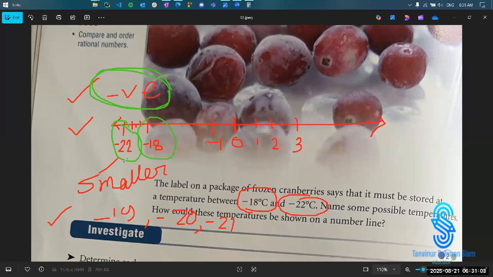And you need to mention the unit, something like Celsius, kg, gram, kilometer, meter. So what is the unit? Degree Celsius. Okay.